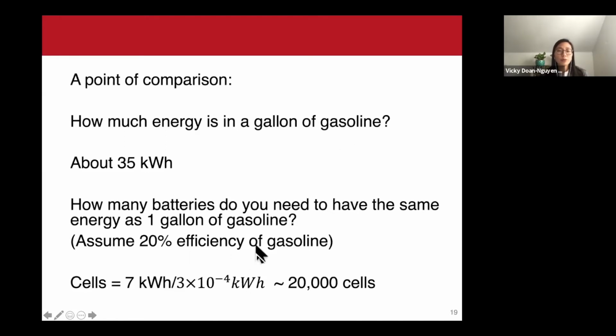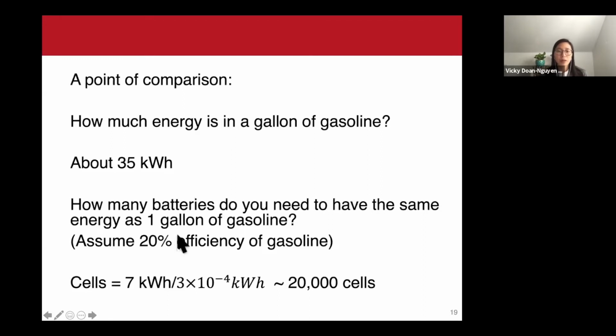If we assume that the car operates at 20% efficiency usage of that gasoline, we could ask ourselves, well, how many batteries would we need to have the same equivalent energy as 1 gallon of gasoline?